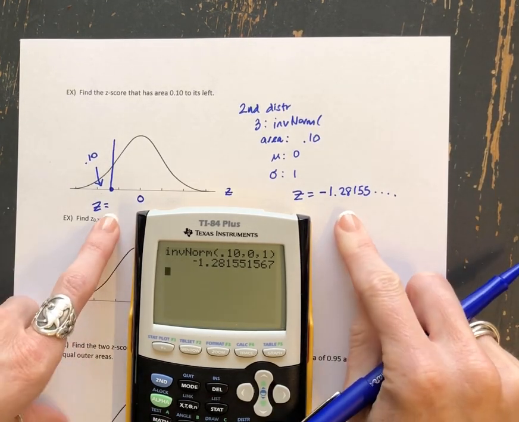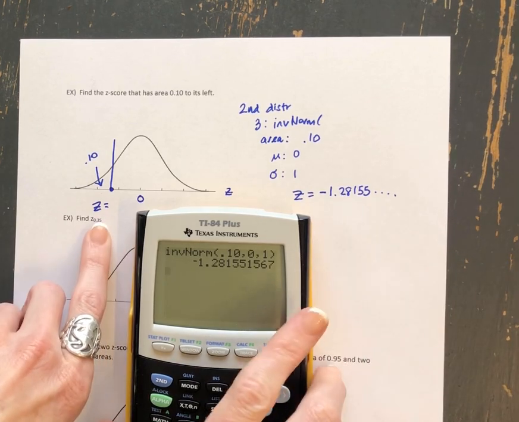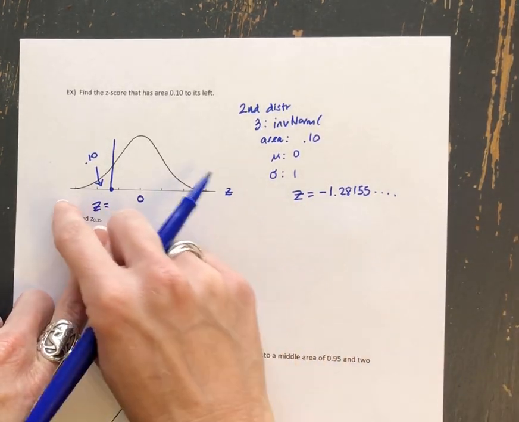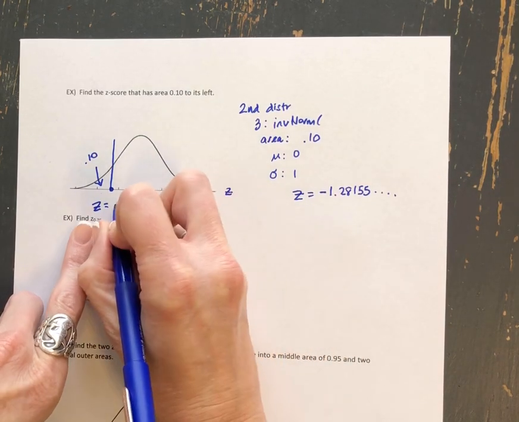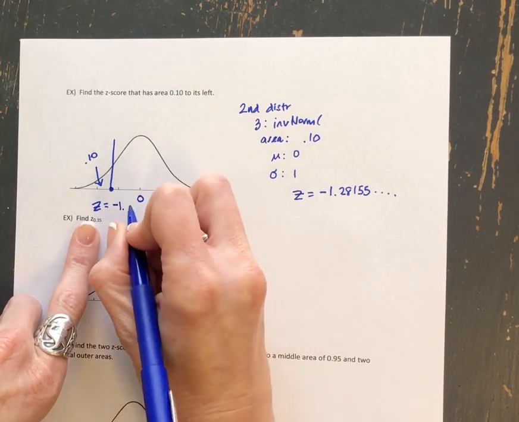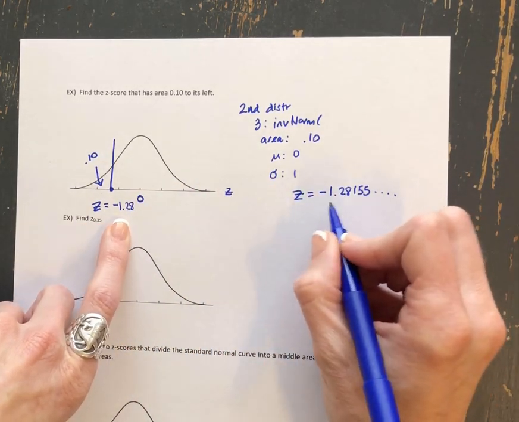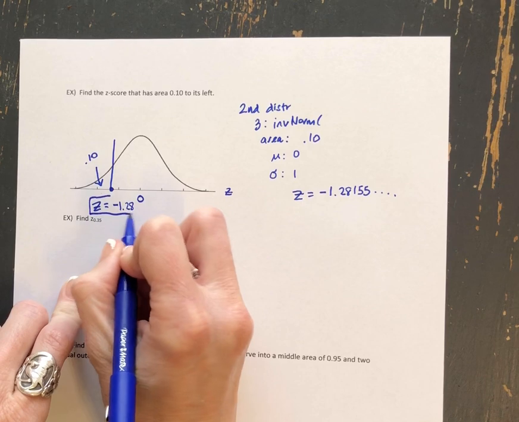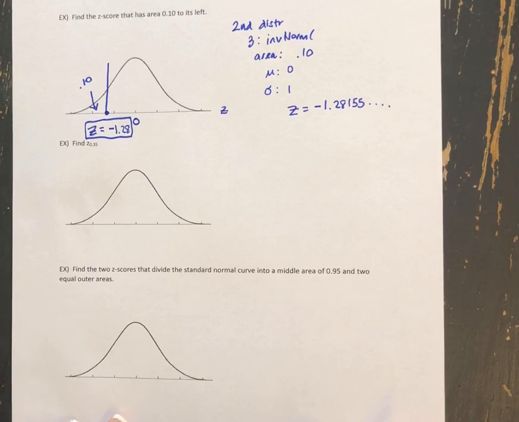And again, I said we normally round z-scores to 2 decimal places, and we place those z-scores along the axis, not up into the top where the areas go. So this is -1.28 if we round to 2 decimal places. Okay, moving on to our second example.